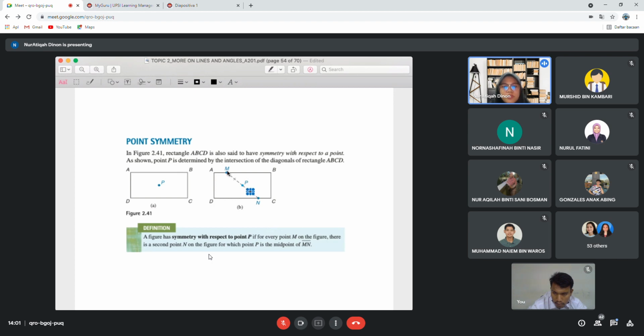If you have point M here and you want to draw the point symmetric to M with respect to this new point, let's call it P dash, then you obviously won't get the second point N on the rectangle ABCD. The point will be much further away. So this point P dash is not a point of symmetry for the rectangle ABCD.